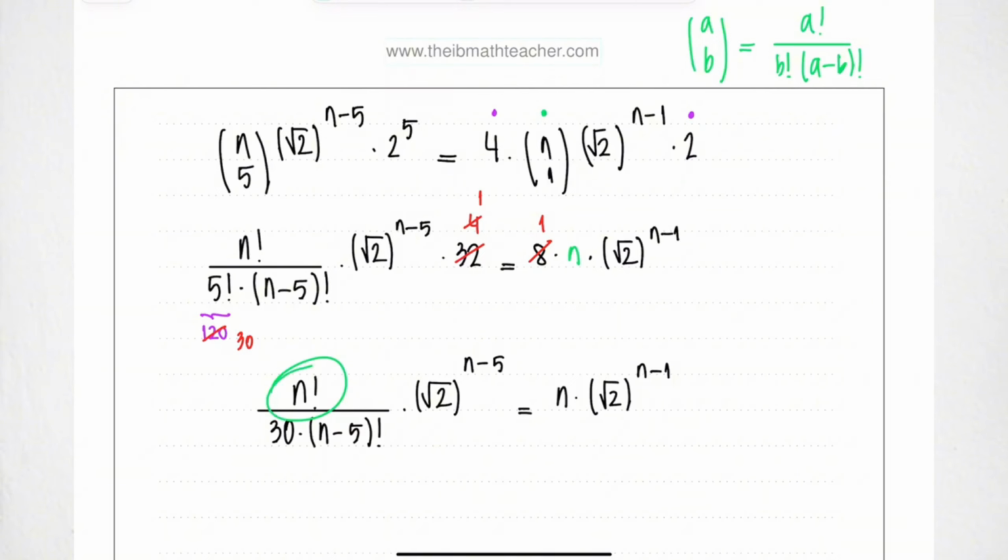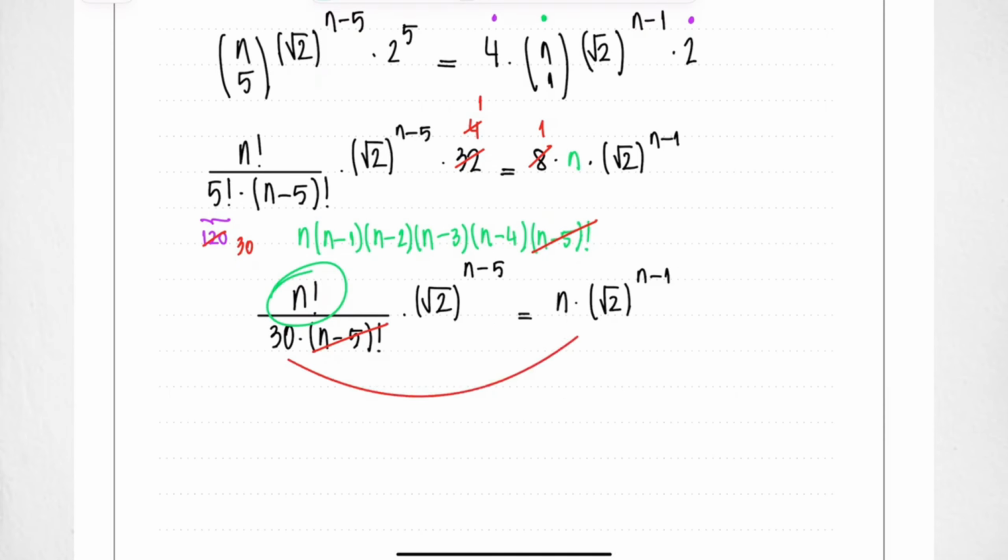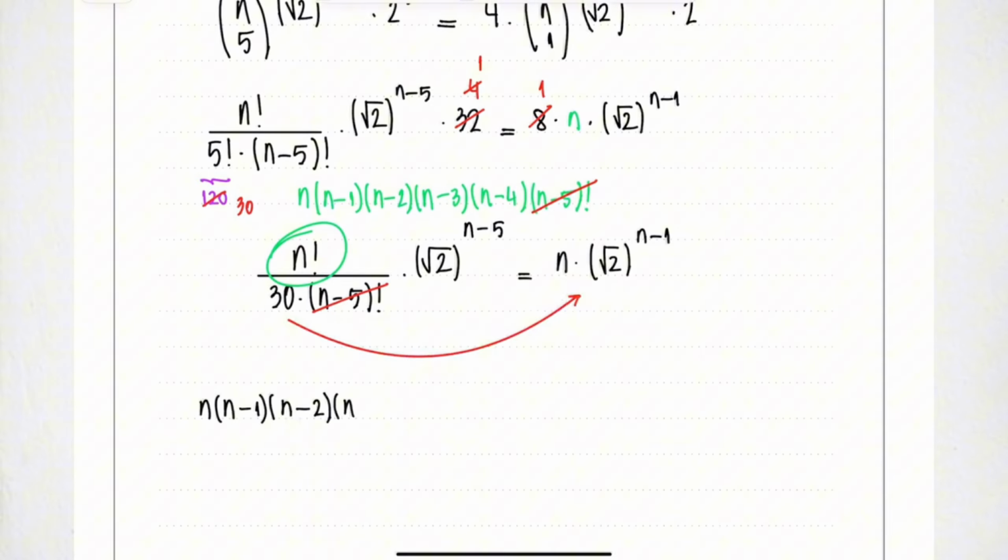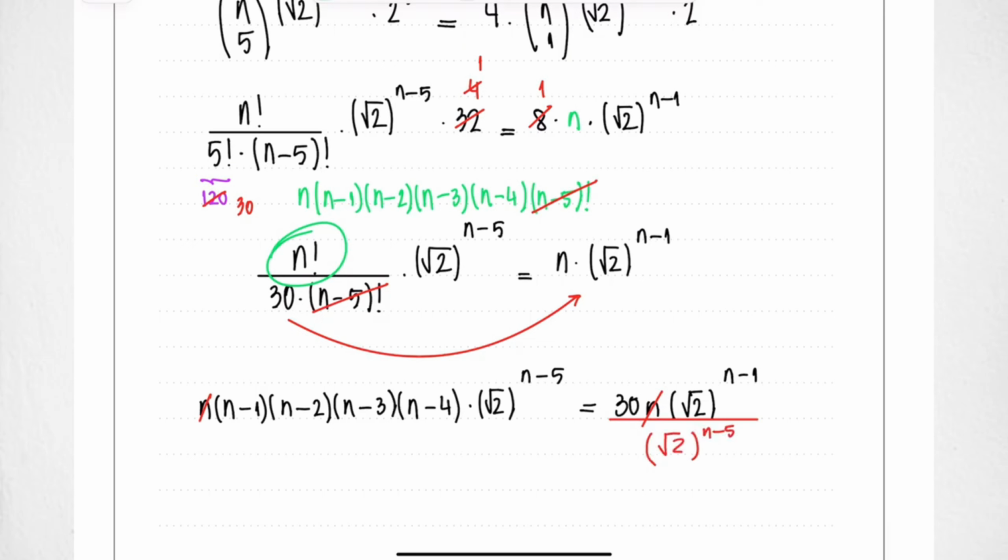Now given that n factorial can be written as n, n minus 1, n minus 2, n minus 3, n minus 4, n minus 5 factorial, we can also simplify the n minus 5 factorials, and we can also cross multiply this 30, which gives us the following equation. Now what can we do from this point on? We can certainly simplify these n's, and also we can divide both sides of this equation by root 2 to the n minus 5.